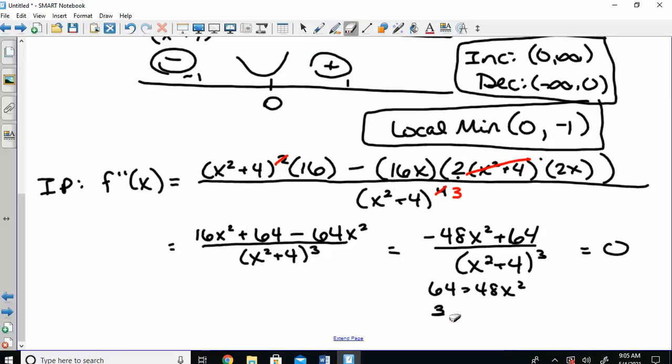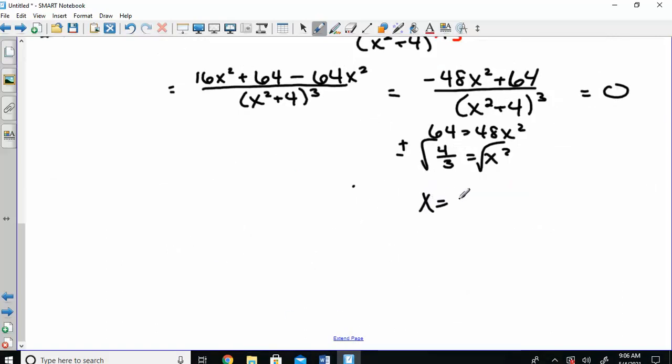They're both divisible by 16. Square root, plus and minus. Square root of 4 is 2 over the square root of 3. Plus and minus 2 radical 3 over 3. Those are the inflection points.